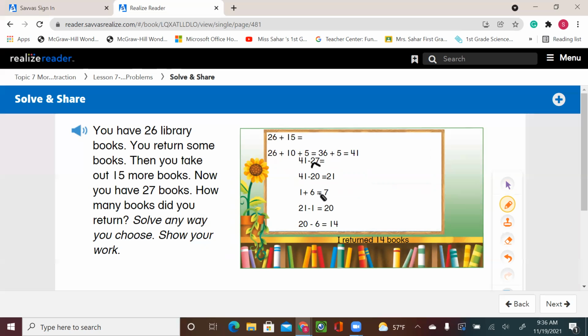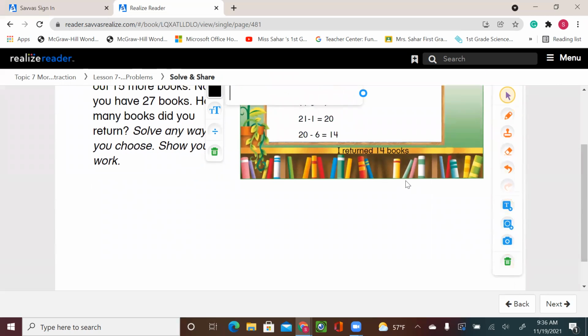And this is when I break the 7 to 6 and 1. Let me write it here. 7, break to 1 and 6. And I put it here on the side.